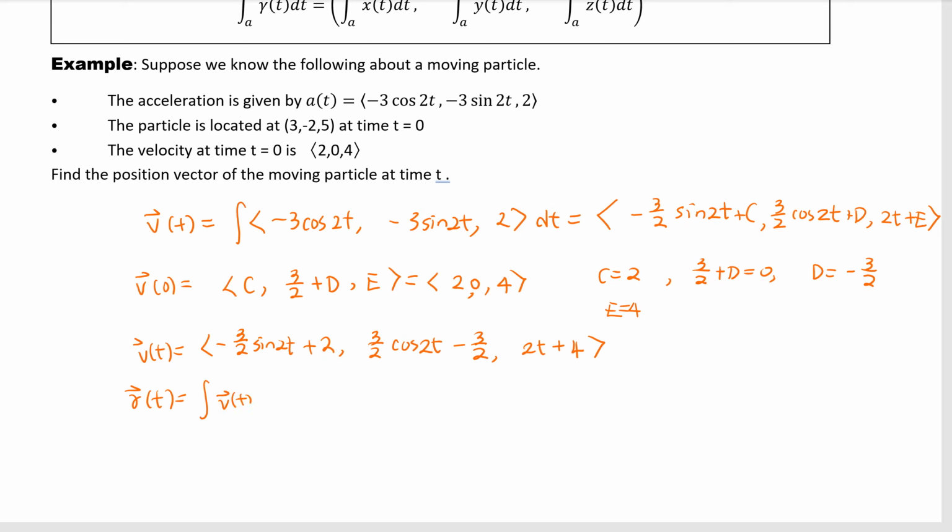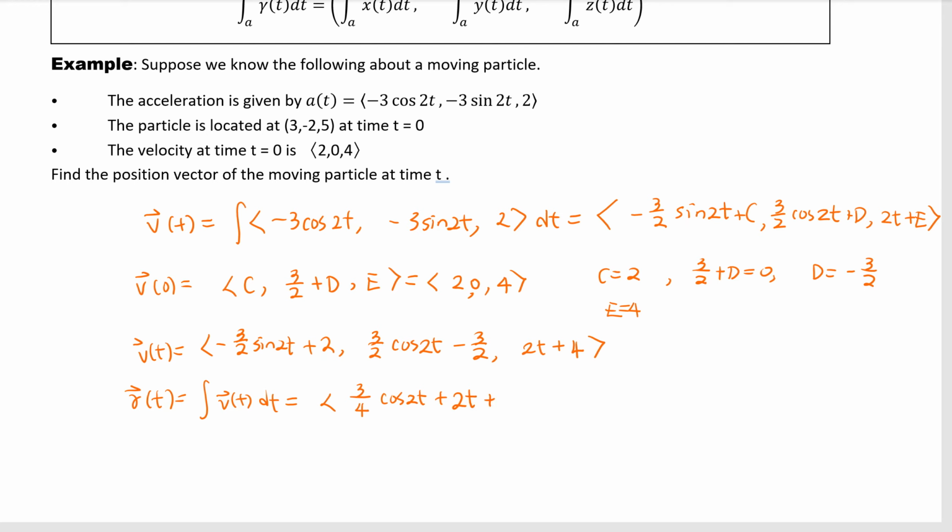Integral of the velocity. Okay, so let's see, what is the first one? Integral of sine is negative cosine, right? Negative becomes positive. And there is one more copy of 2 at the bottom. Not yet. Integral of 2 is 2t, and then after we're done, we have another constant.